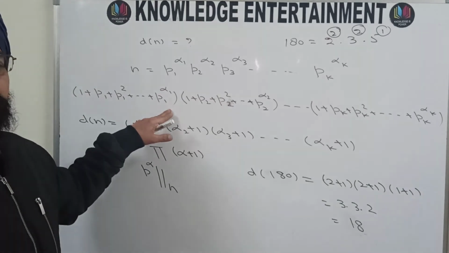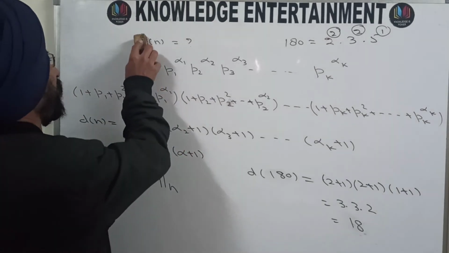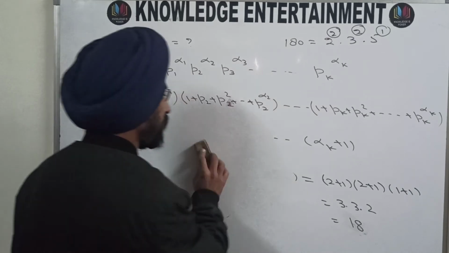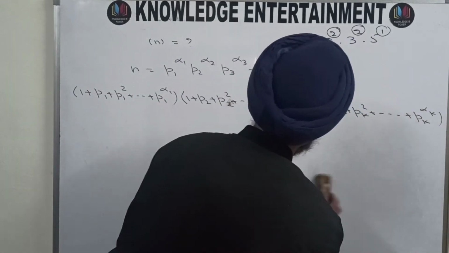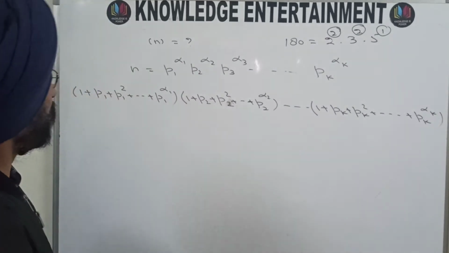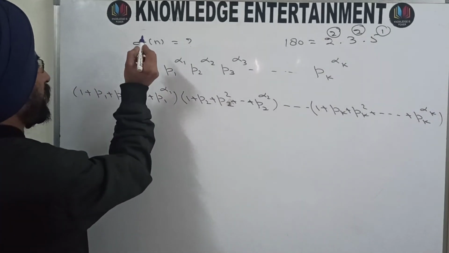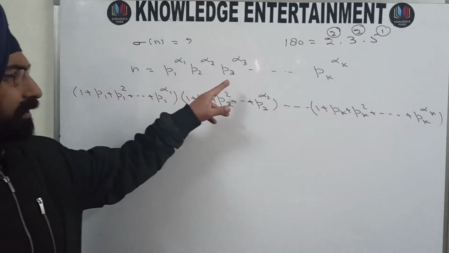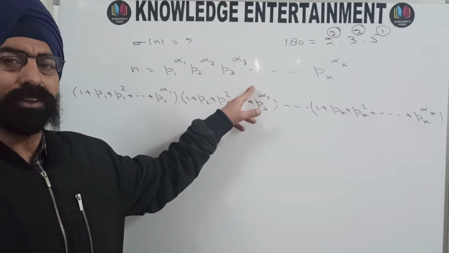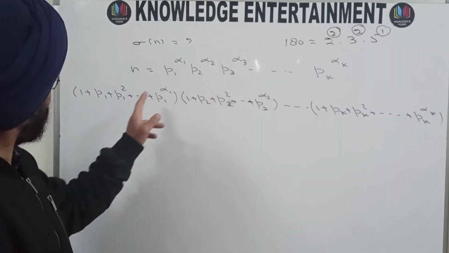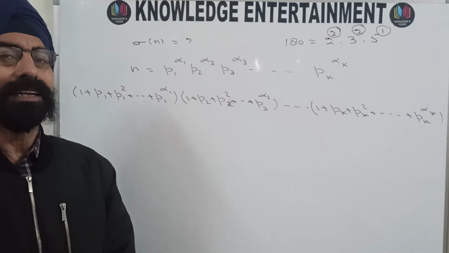From the same concept, we can evaluate sigma(n). So let us see how sigma(n) can be obtained. Our next aim is to find the value of sigma(n). Once again, n can be written as a product of powers of primes by using the fundamental theorem of arithmetic, and once again consider this product.